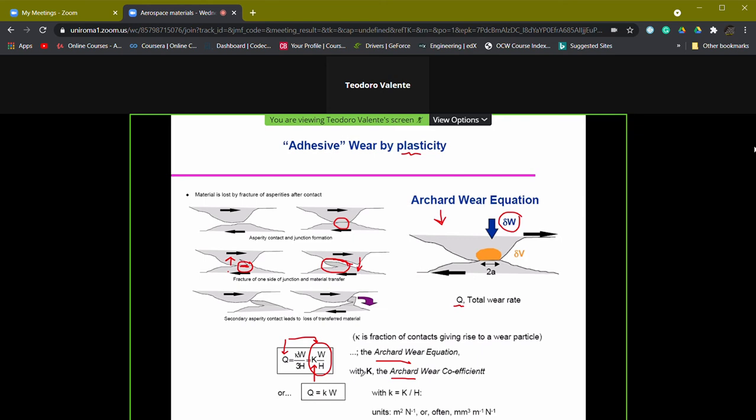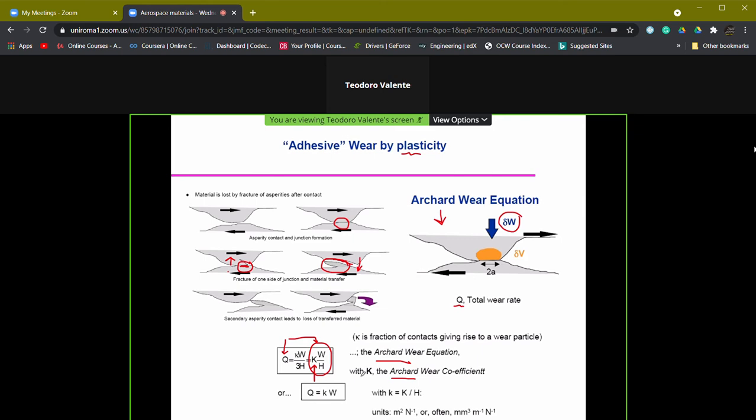We cannot define, for example, how much the Archard wear coefficient is if the question is how much is the Archard wear coefficient of steel, because the Archard wear coefficient is a characteristic of the coupling of the two materials.